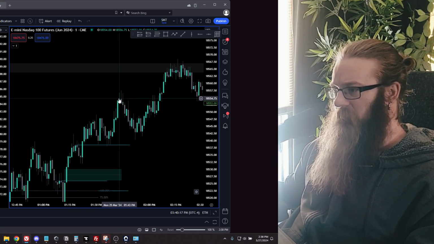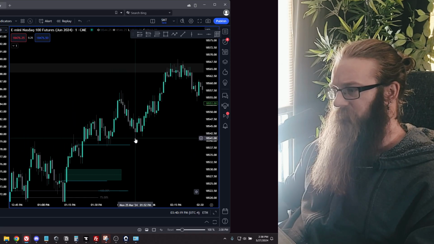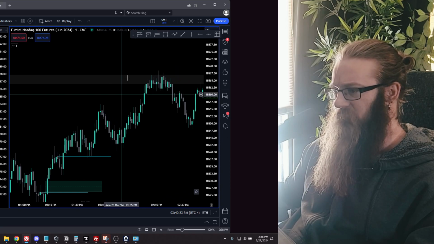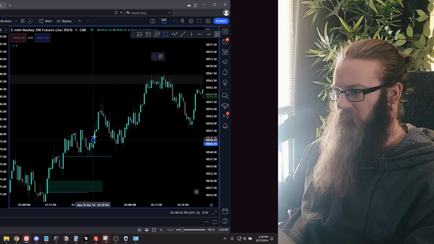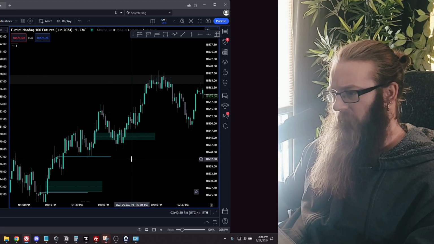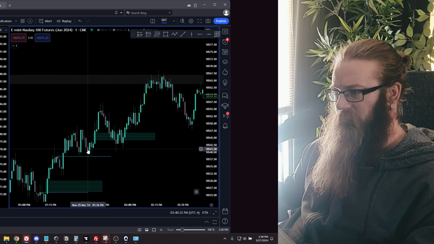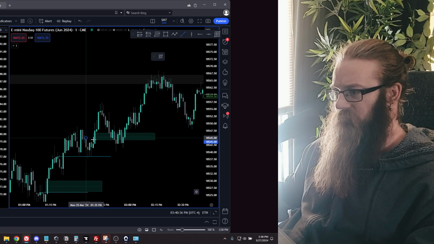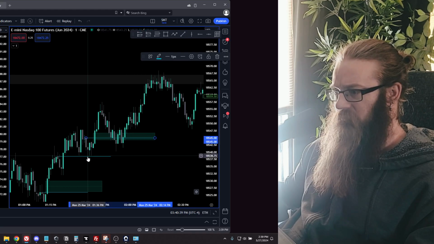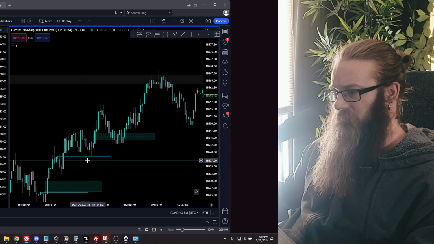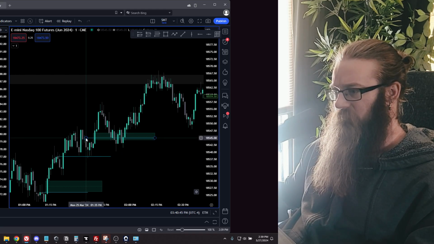So price moves up again, retraces a little, and does some stuff here. There's nothing really significant here. There's a fair value gap, which doesn't get fully respected. You could probably go as far as to say these two down close candles, since this down close candle was the lowest low right there, and this was not a down close candle.